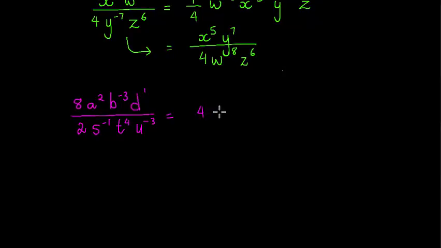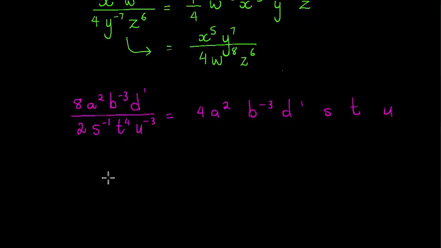Then I write down all of my unknown factors in alphabetic order. And I write their exponents. If the exponent is in the numerator, I keep it just as it is. If the exponent is in the denominator, I subtract it. So a to the power of 2, b to the power of negative 3, and d to the power of 1.